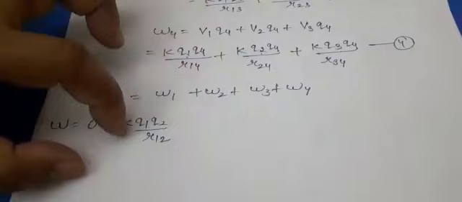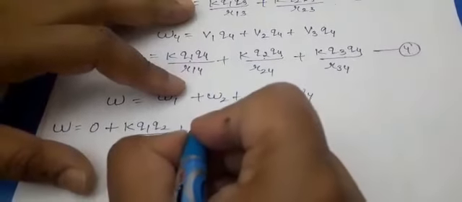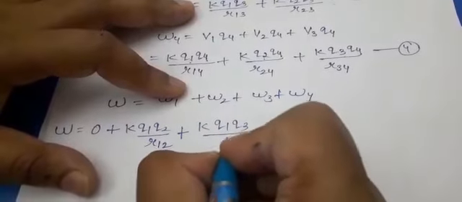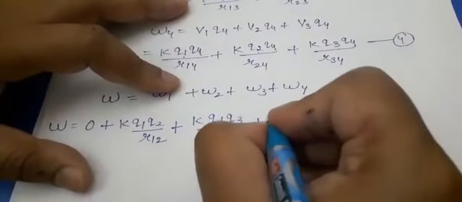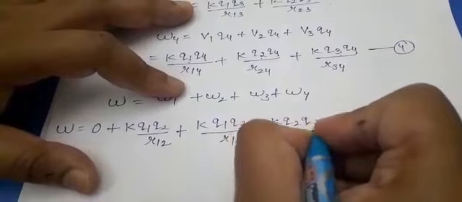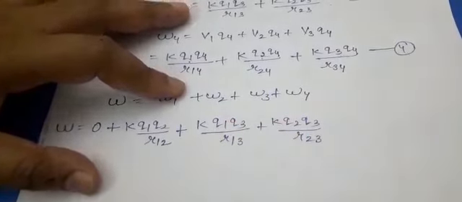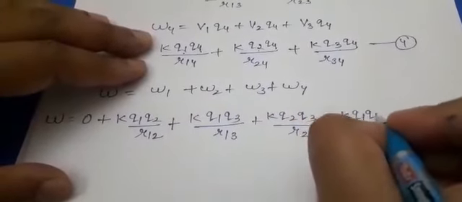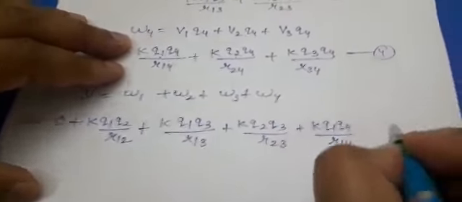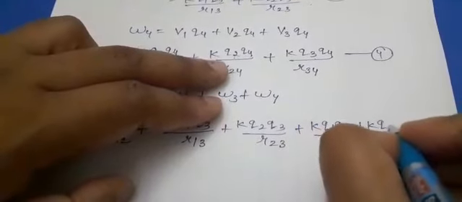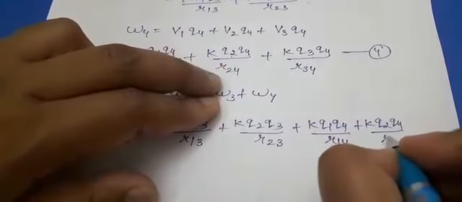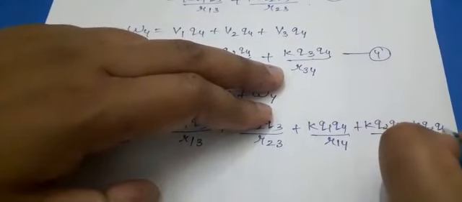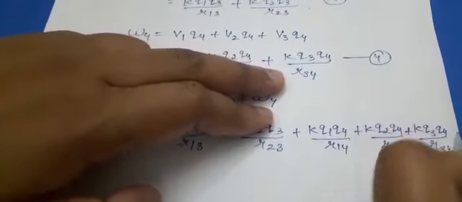Then W3 consisting of 2 terms, K Q1 Q3 by R13 plus K Q2 Q3 by R23, plus K Q1 Q4 by R14 plus K Q2 Q4 by R24 plus K Q3 Q4 by R34.